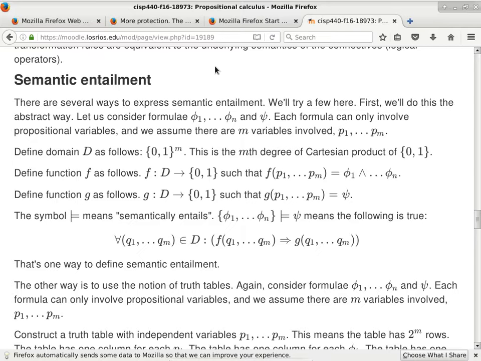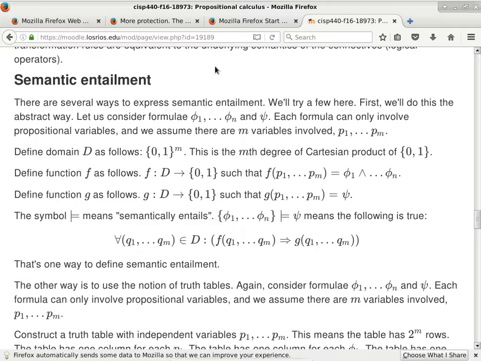Are we okay at this point with the definitions? What the phi's are, what the psi is, what is D, how we define F, and how we define G. The phi's are the starting points. The psi is what we want to prove, as well-formed formulae.